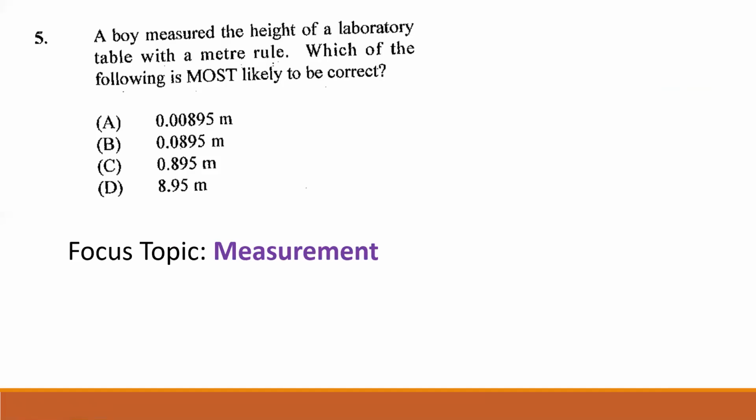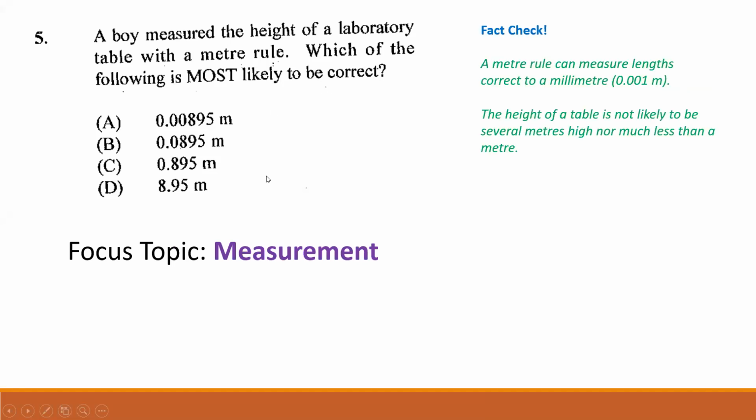Number 5, a boy measured the height of a laboratory table with a meter rule. Which of the following is most likely to be correct? Now, a meter rule can measure up to 1 millimeter accurately, which is 1/1000th of a meter. And the other thing we should bear in mind is that tables are not generally several meters high, nor much lower than a meter.